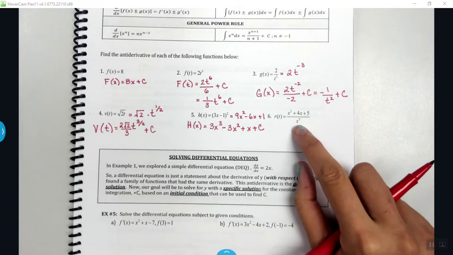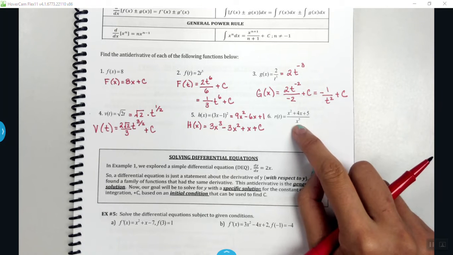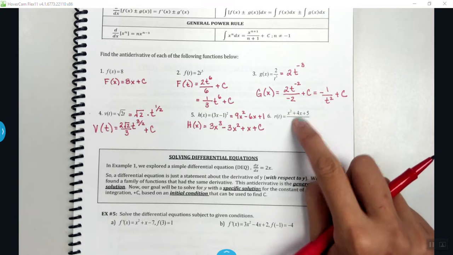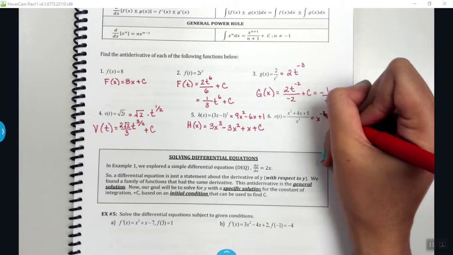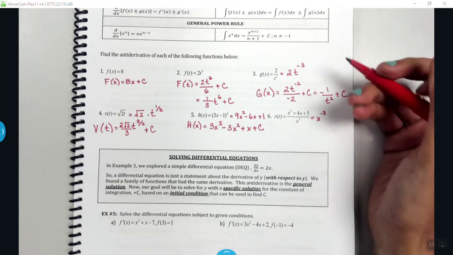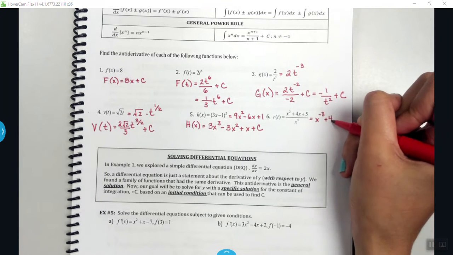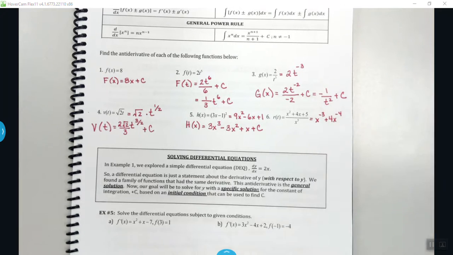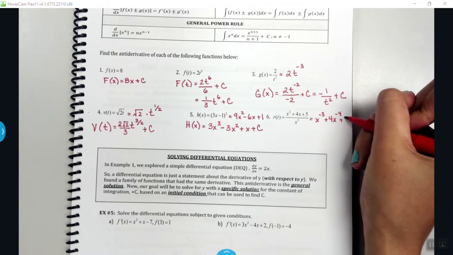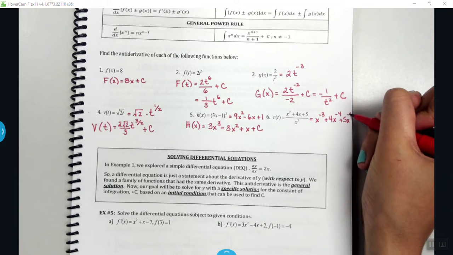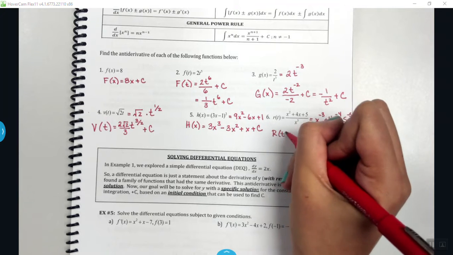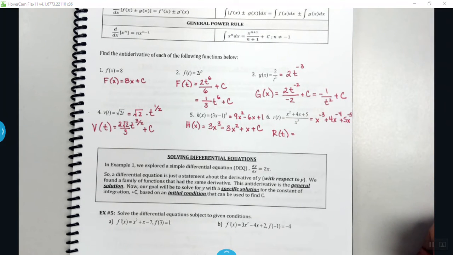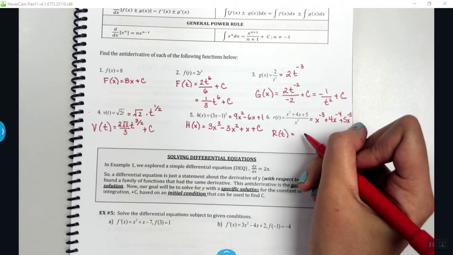And this one right here, we can distribute this term in the bottom to each one in the top. So let's simplify and make this x to the negative 3. This 4x over x to the 5th is plus 4x to the negative 4. And this is plus 5x to the negative 5. So capital R of t is, what is it, guys?